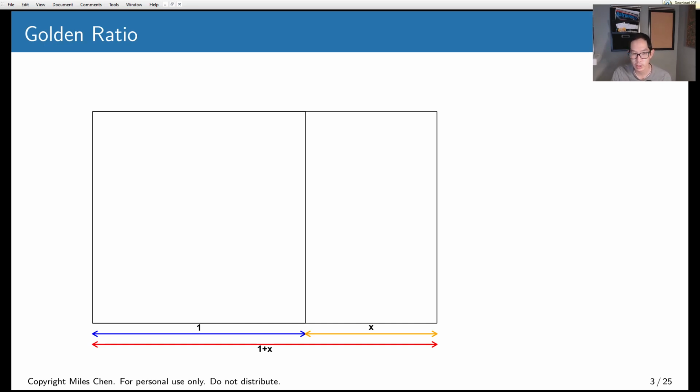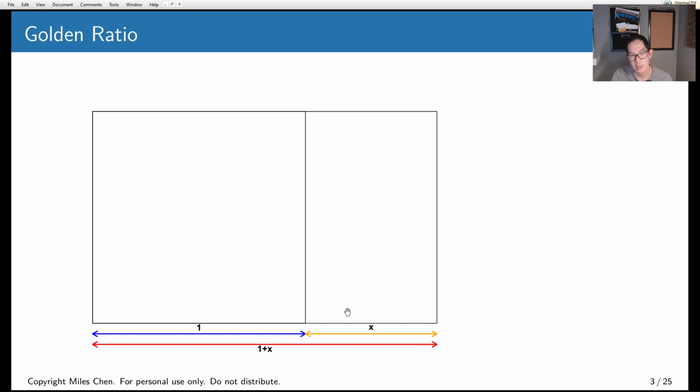So the golden ratio is the idea that if you have a rectangle and you were to draw a square in this rectangle, then the portion that remains has the same proportions as the original rectangle.